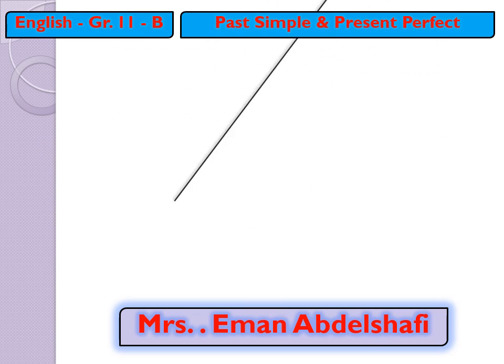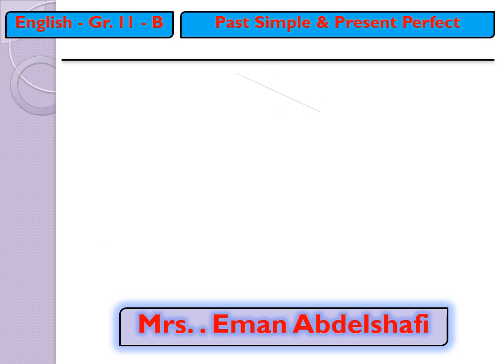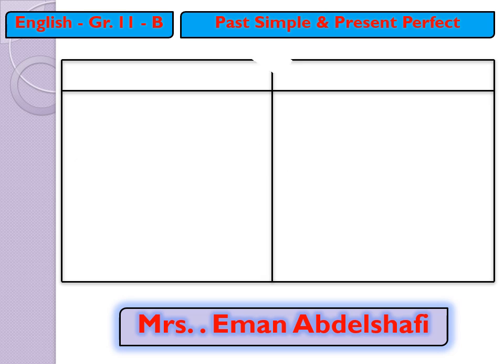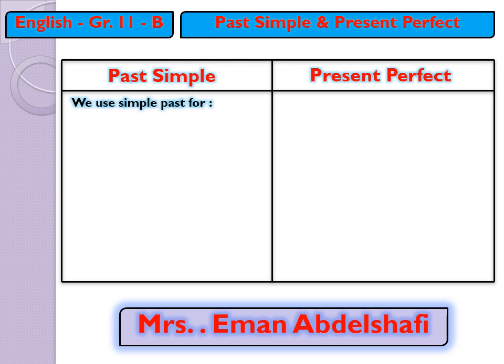To sum up, let's compare between the past simple and the present perfect. Number one, past simple is used for actions that started and were completed at a specific time in the past.